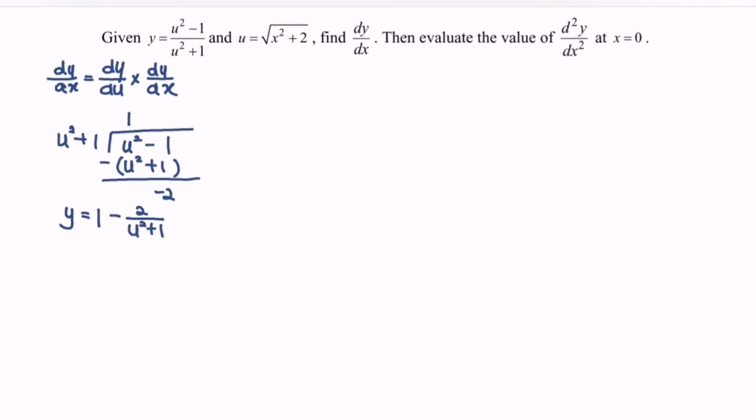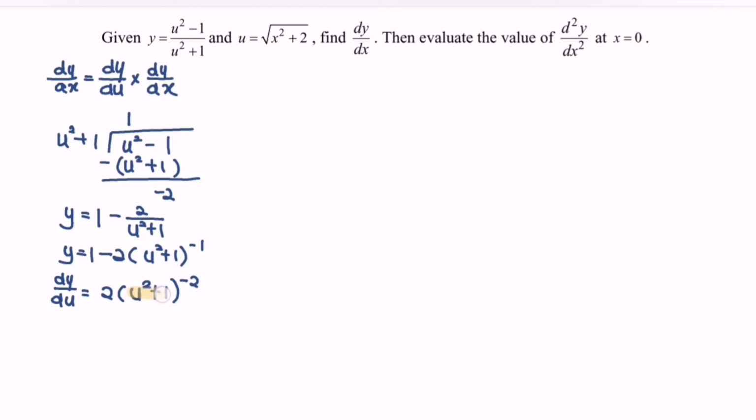Kindly rearrange it so that it is easy for us to differentiate. We will have y equals 1 minus 2 bracket u squared plus 1 to the power of negative 1. Now we are going to differentiate y with respect to u. So dy/du equals, differentiate 1 we will have 0, followed by 2 bracket u squared plus 1 to the power of negative 2.